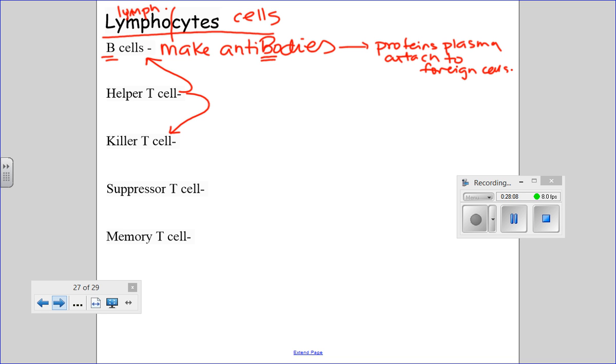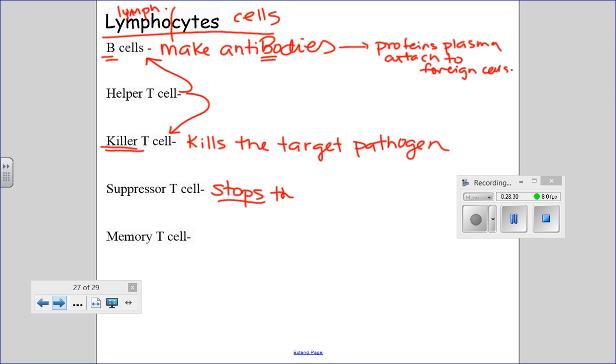A killer T cell is the one, like its name suggests, that actually kills the target pathogen. The suppressor T cell is the one that stops the immune response.